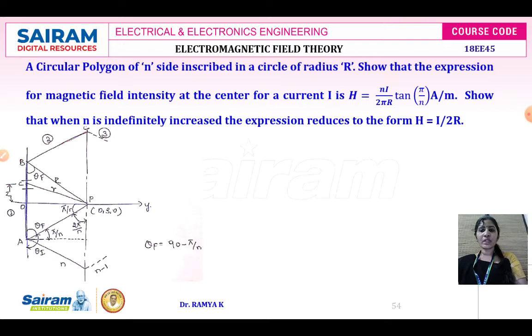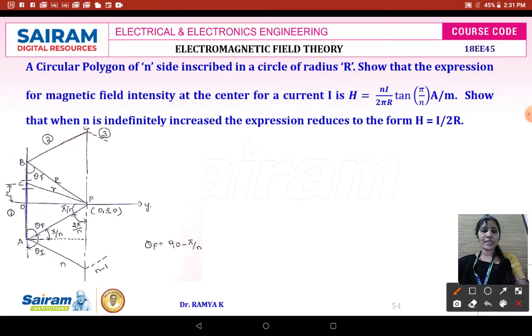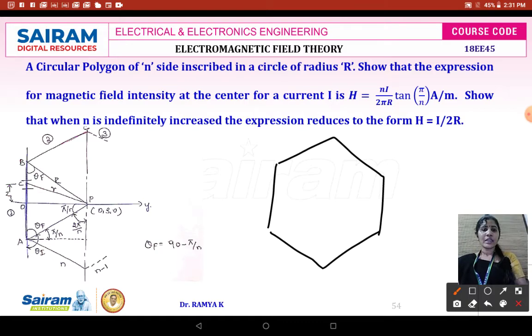Now, if you consider a hexagon, how many sides does it have? It is going to have 6 sides. It means that the angle between any two sides is going to be 120 degree, and the angle made is going to be 60 degree.